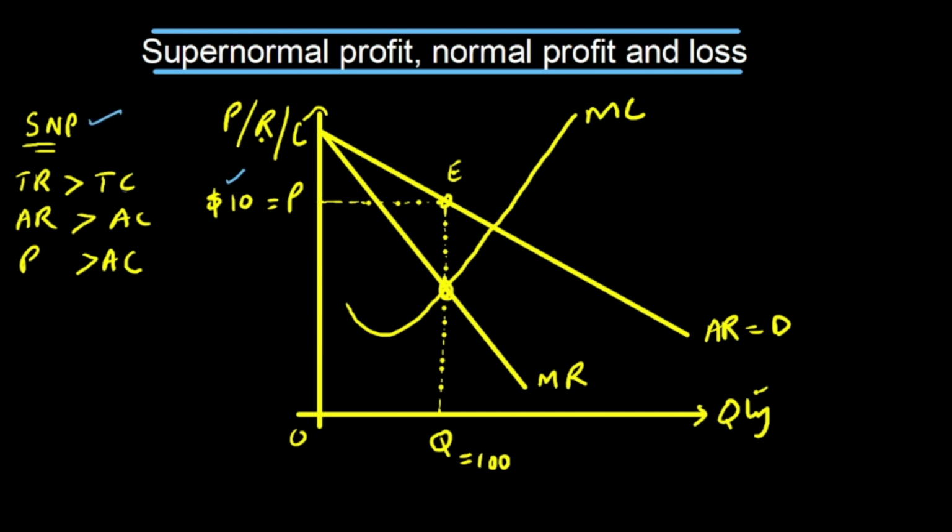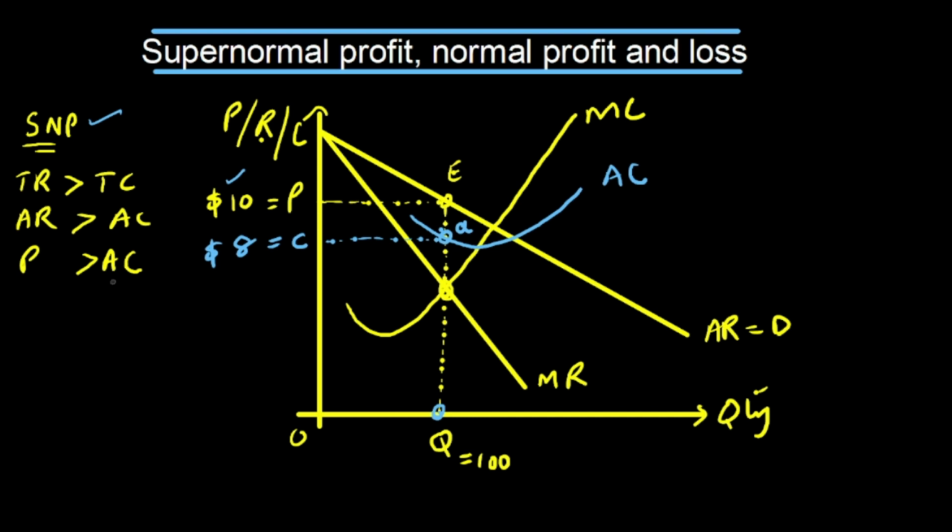For supernormal profit, now we need to draw the average cost curve, and keep in mind average cost should be lesser than price, so we have to draw average cost at this point. So this is AC, and AC intersects the perpendicular of quantity at point A. Let's say this is point A, and we can connect it with the y-axis. So average cost is equal to C, which is, let's say, equal to $8.